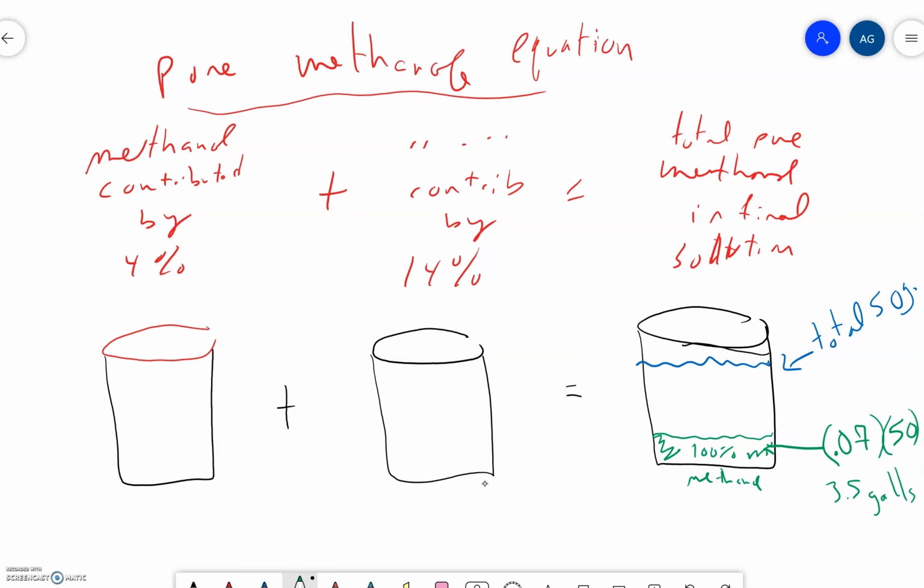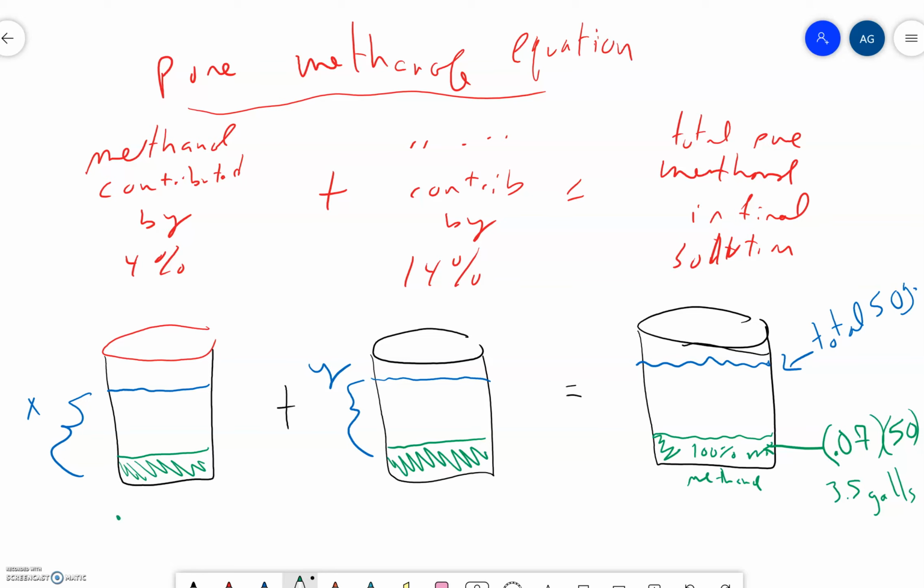So that exact same idea is true over here. Over here I've got some total amount, and that total amount is X. And here I've got some total amount, and that total amount is Y. And then down here in green, I've got my pure stuff, and the exact same computation that I used over here I'm going to use here to figure out my pure amounts, except that I don't know all the numbers.